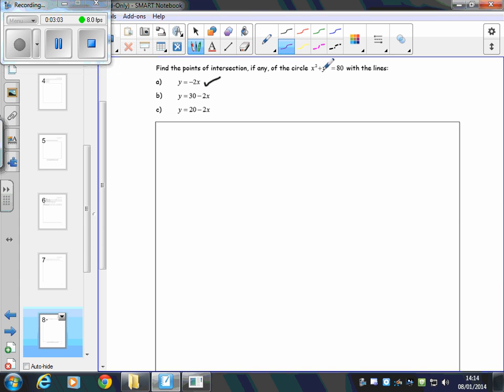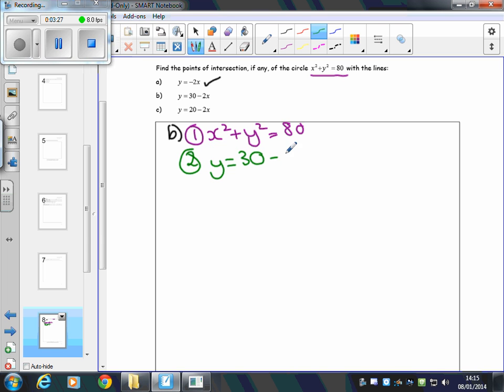Moving on to part B, we're still going to have the same equation of the circle, but this time our second equation will be different. So we'll still have equation number 1, which will be x squared plus y squared equals 80. But our equation number 2 will now be y equals 30 minus 2x.